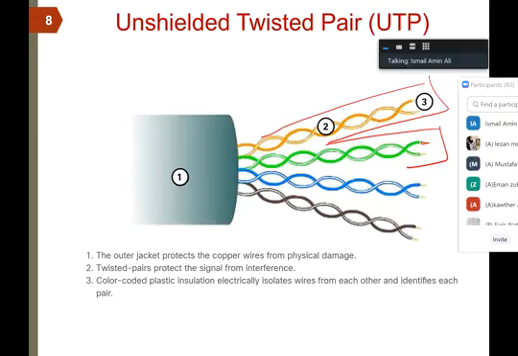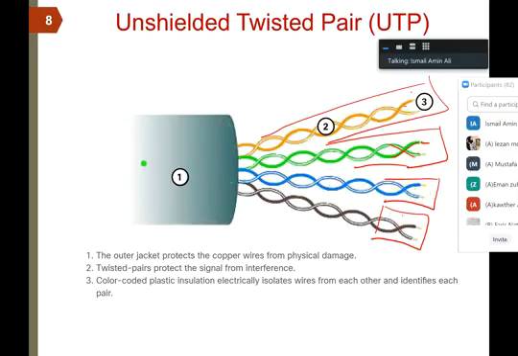This is copper, this is plastic cover, and this is another plastic cover that houses them all in one cover. So we normally have 4 pairs in a LAN cable. So 1, 2, 3, 4, 8 wires, 4 pairs. Okay, and they are all twisted. You see, this is one twisted, this is another one, this another, this another one.